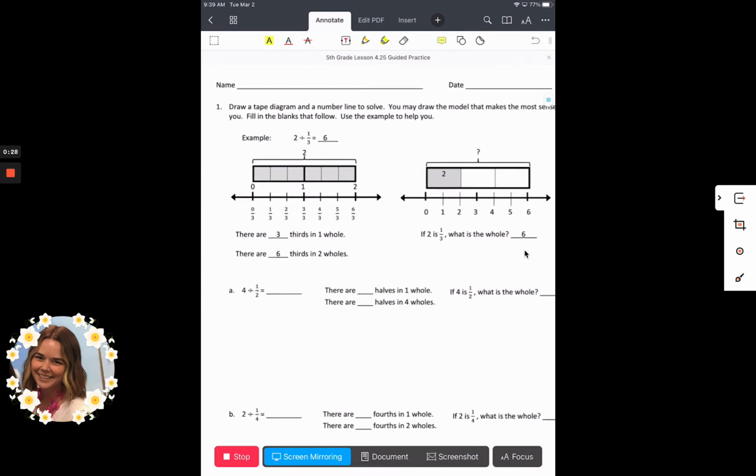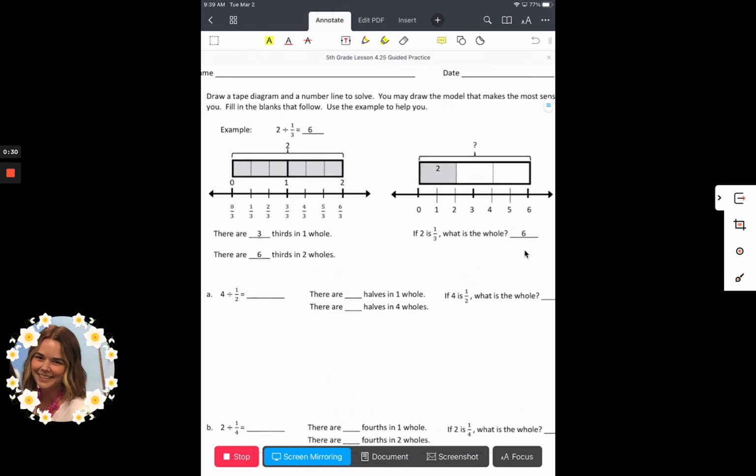So there are kind of two options that we have for drawing our tape diagrams. There's kind of two ways we can think about it. If we have this example, 2 divided by 1/3, we have our tape diagram that has 2 wholes in it.